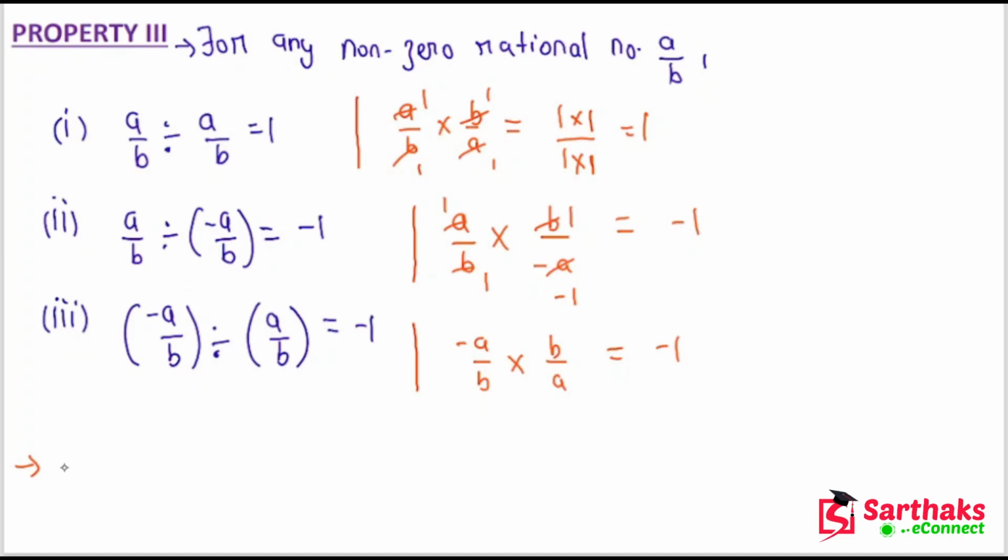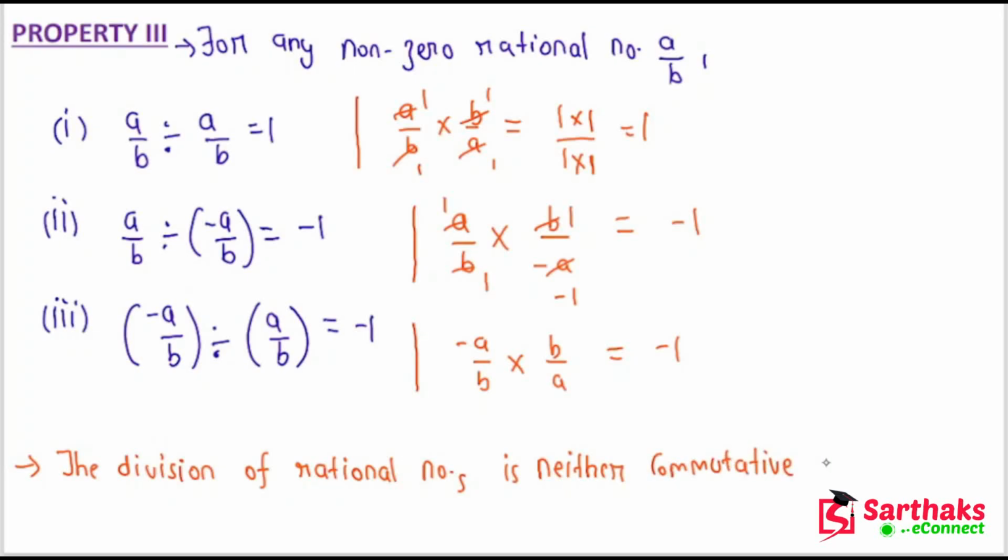Okay, so we can write the division of rational numbers is neither commutative nor associative.